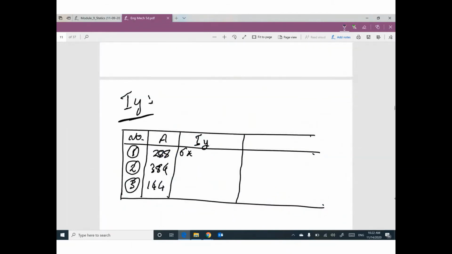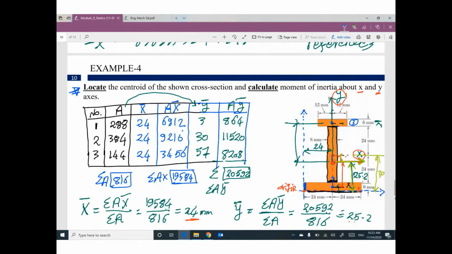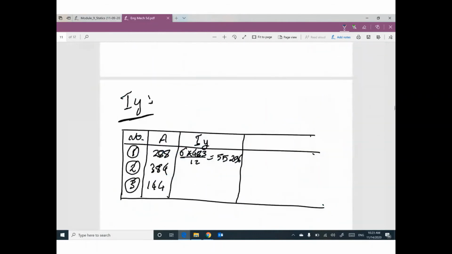This value will be 55,296. Part number 2, I will assume, I'm sorry, at this centroid, y-axis is here for this part. So parallel to y will be 48 times 8 cube over 12.